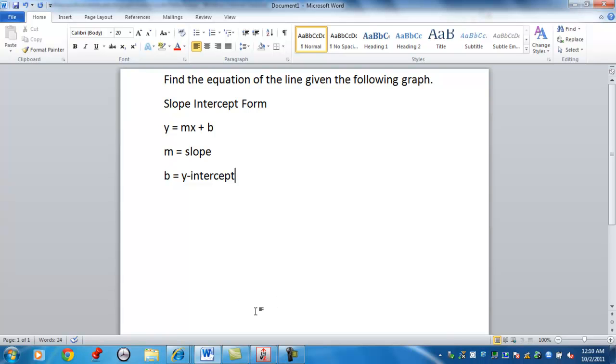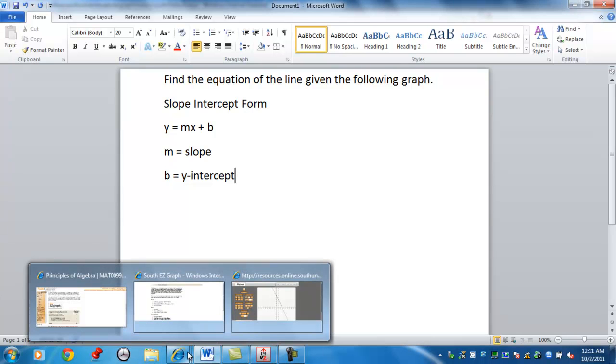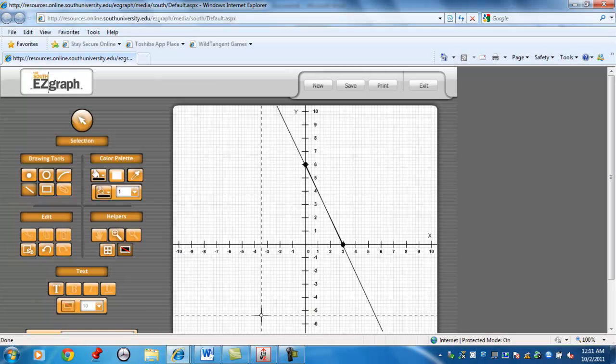So let's take a look at the graph again. Here, let's first identify the y-intercept. The y-intercept is the point at which the line crosses the y-axis. So this point right here at 0, 6, this is going to be my y-intercept.